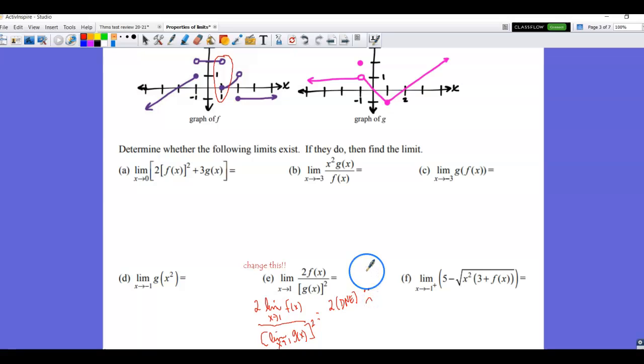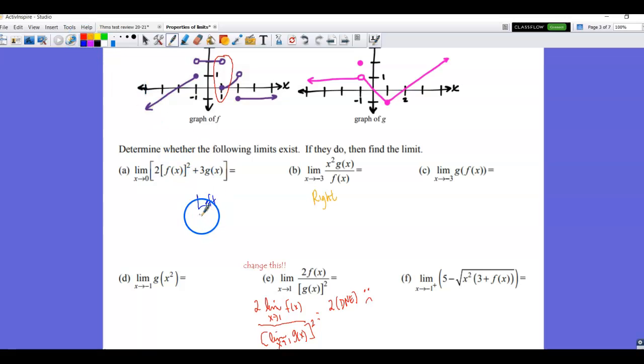So we said our limit properties are contingent on the fact that the limit must exist, and if the limit does not exist, we are going to have to approach from the left and from the right. I should have written that on the right instead of on the left. So we need to approach both from the left as well as from the right and see if we get the same value.